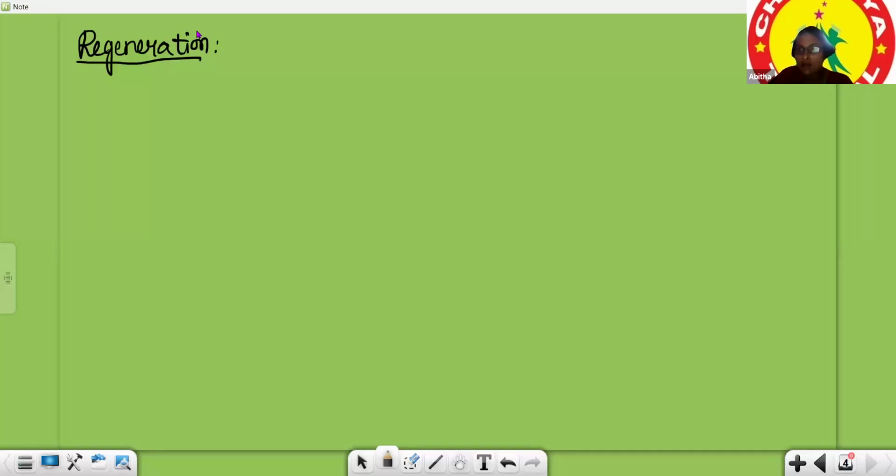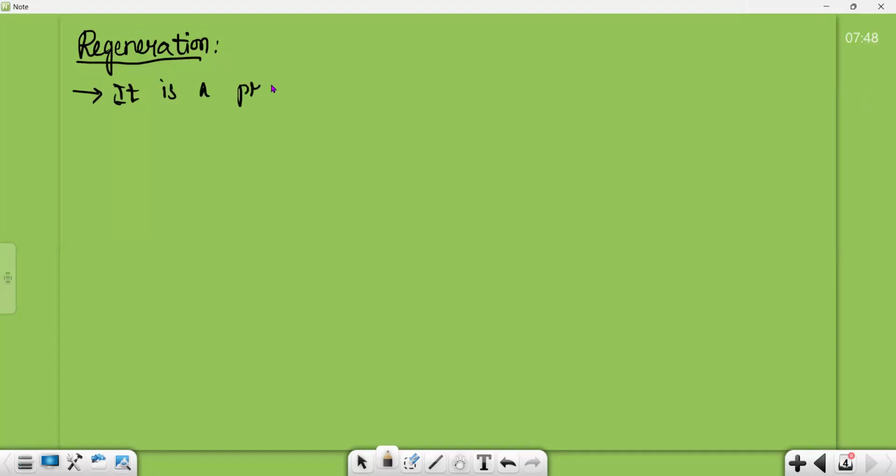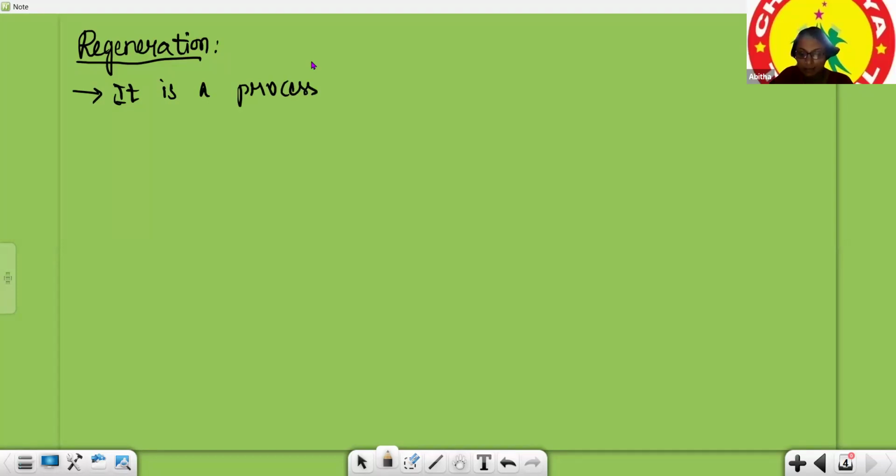For example, take a house lizard. If the tail is cut, it can produce a new tail. Have you ever seen? Yes, ma'am. It is a process, but it is not a way of reproduction.